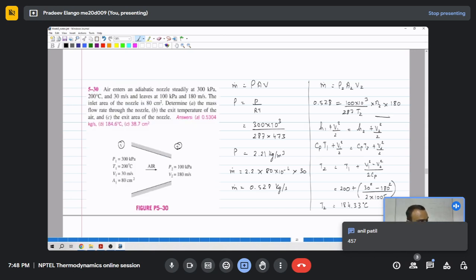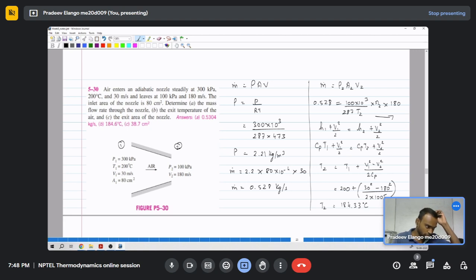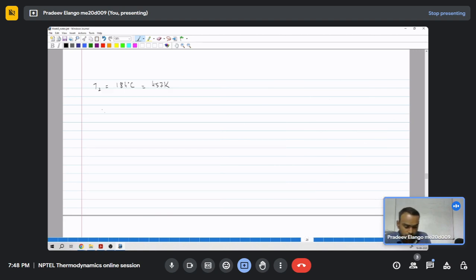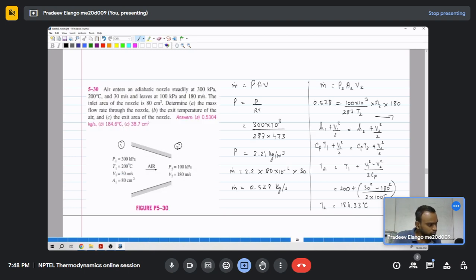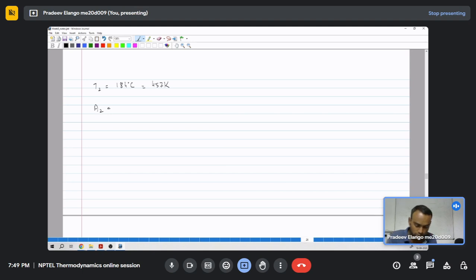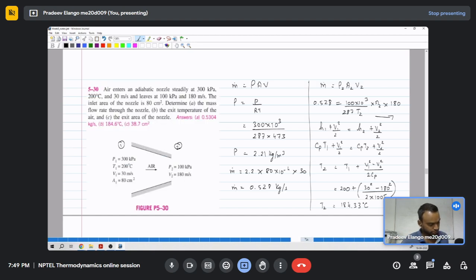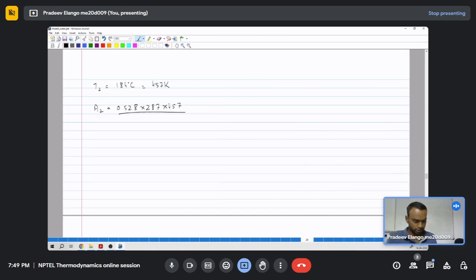So from this equation, A2 is 0.528 into 287 into 457 divided by 100 into 10 power 3 into 180.